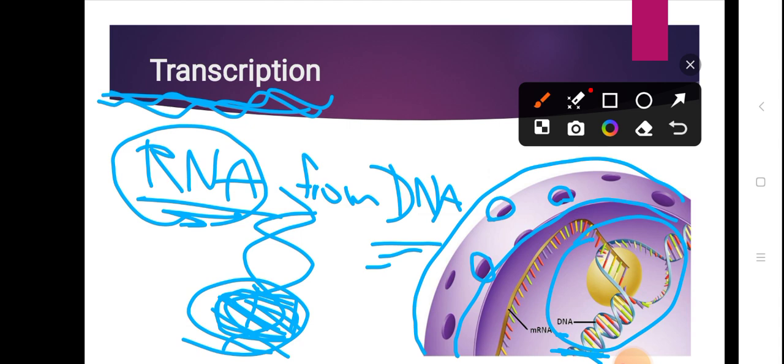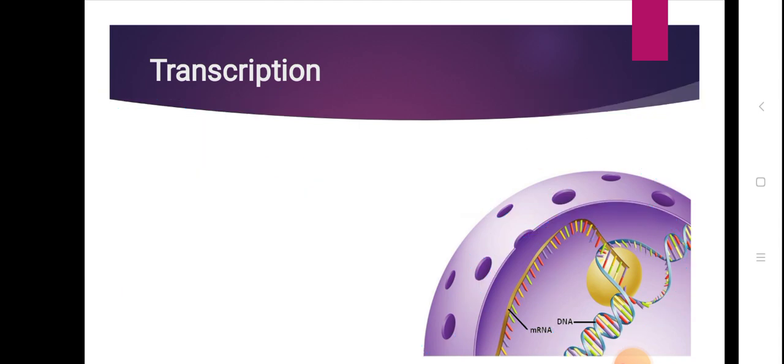And this copying produces what? Producing RNA molecules. The RNA that is formed from this copying is called mRNA. It's called what? mRNA. So transcription means copying mRNA, or building mRNA from DNA.